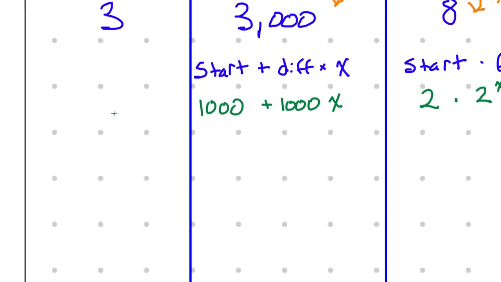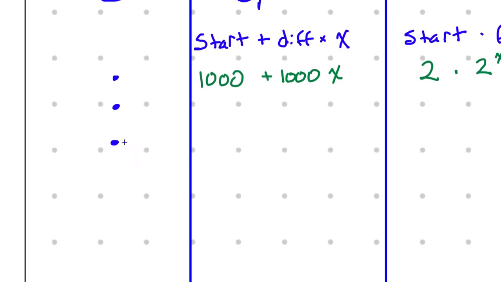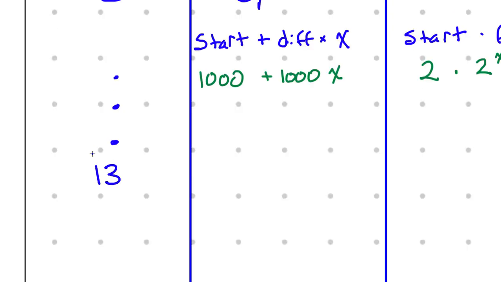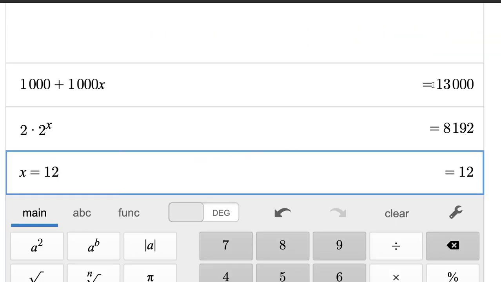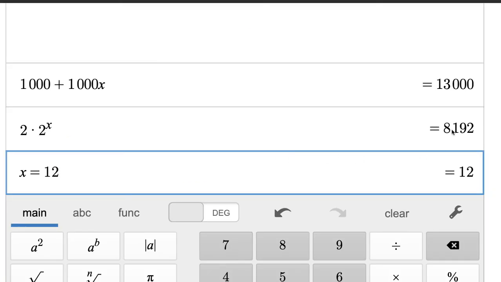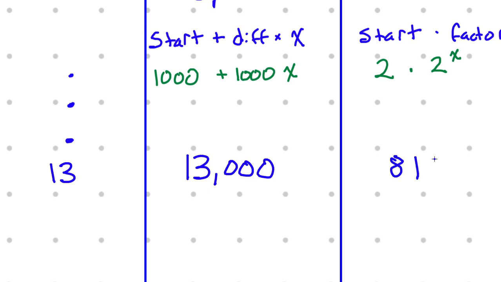The way that mathematicians write it down is they say dot, dot, dot, your ellipses, if you don't know that word. Now you know it, it's called ellipses. This is a vertical ellipses. And now I'm going to jump down here to day 13, aka 12 days in the future. And that will be the value of 13,000 and 8,192.